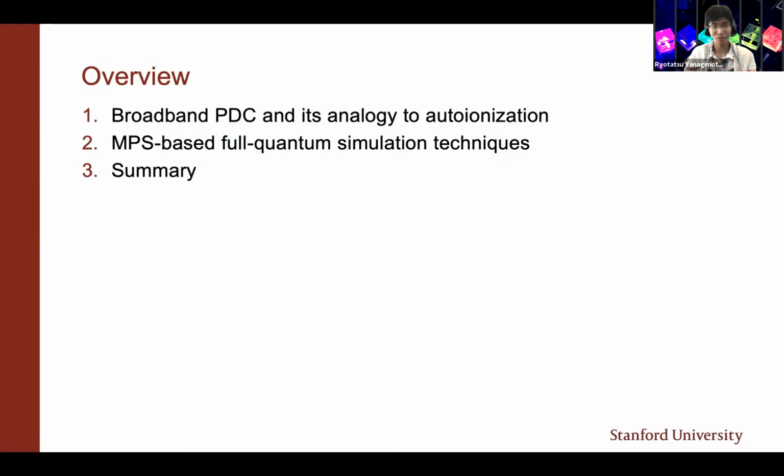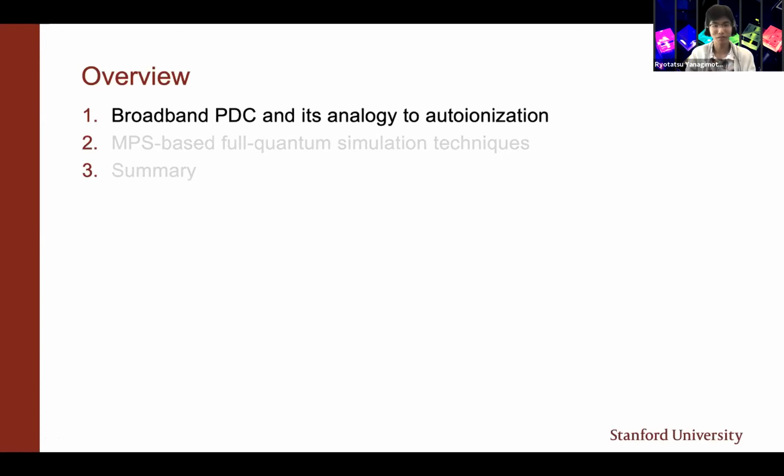And as I'm going to show soon, this physics shows dynamics that are completely different from the semi-classical predictions. Then we also talk about the prescription based on MPS-based numerical frameworks, which allows us to perform full quantum simulations of pulsed nonlinear optics in the quantum domain. And then I'm going to summarize the work.